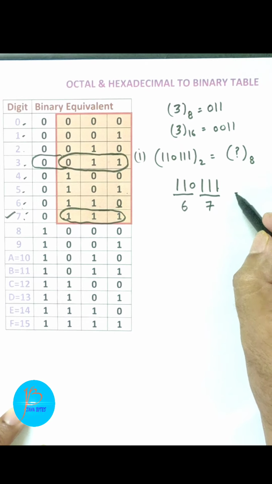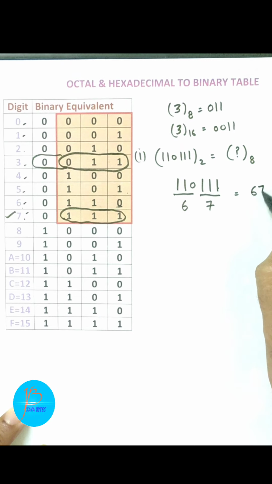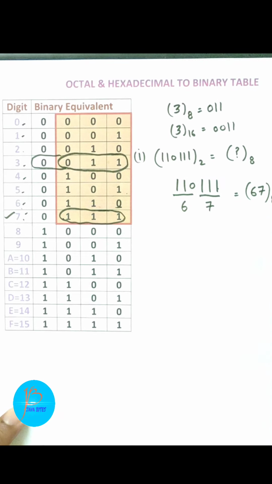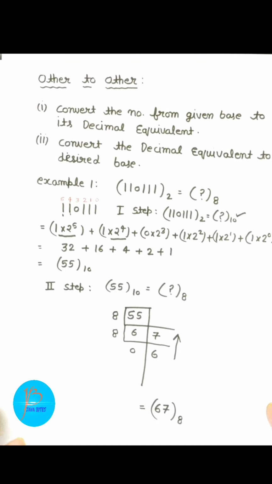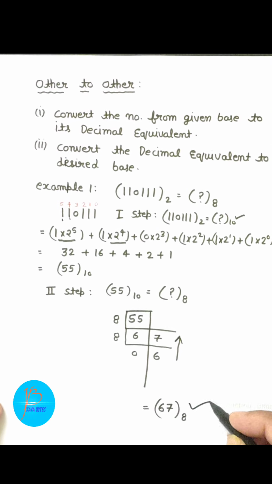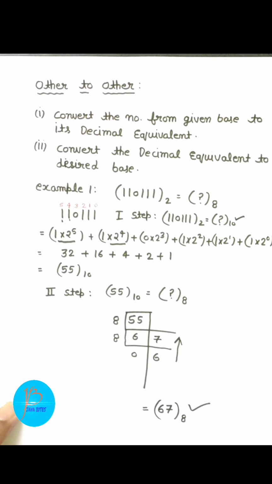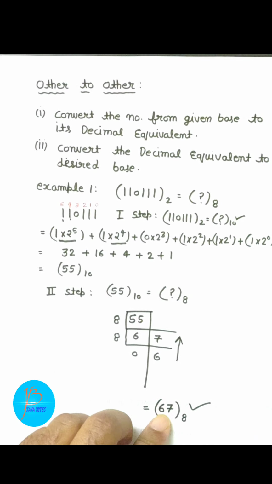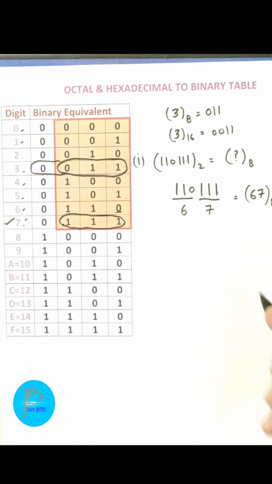So my answer will be 67 on the base 8. If you go through the sheet, in the problem we solved, my answer was also 67. But there we had to do a lot of calculation, and if you take the help of the table, you can solve it within seconds.